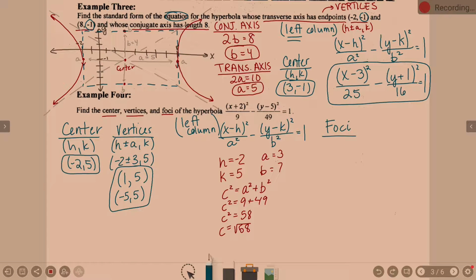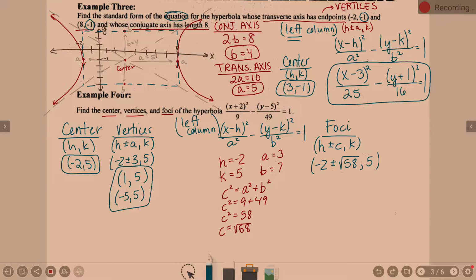The other piece of information we're asked to find are foci. So if last time one was h plus or minus a, we're going to do h plus or minus c, comma k. H, -2 plus or minus square root of 58, comma, k is 5.